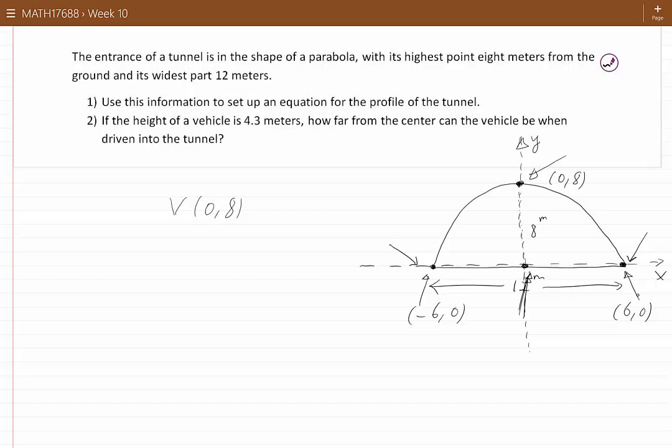Since we have the coordinates of the vertex, 0 and 8, we can set up the equation for the parabola using the standard form. In the standard form, the equation of a parabola is y equals a times (x minus h) squared plus k, where h and k are the coordinates of the vertex. In our example, h is equal to 0 and k is equal to 8.